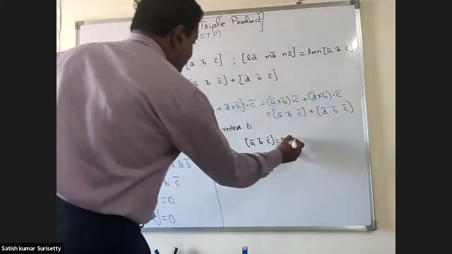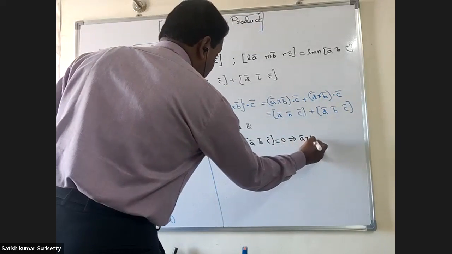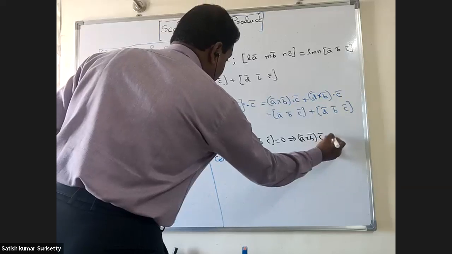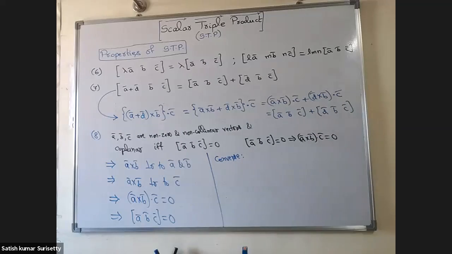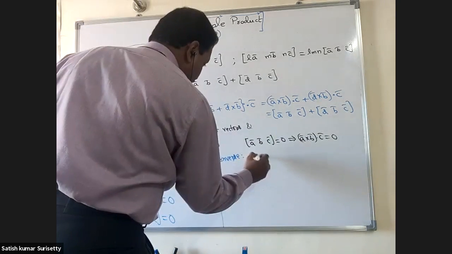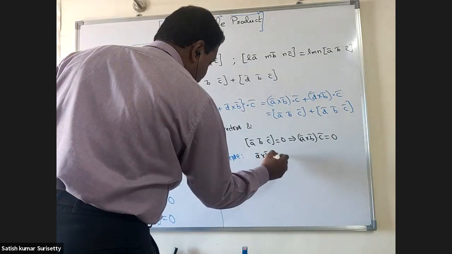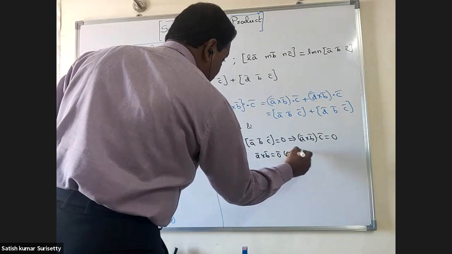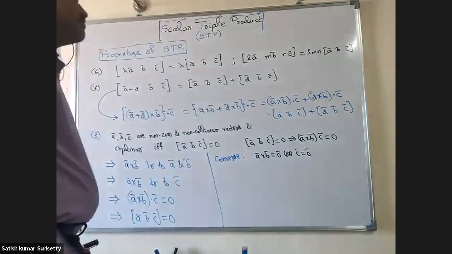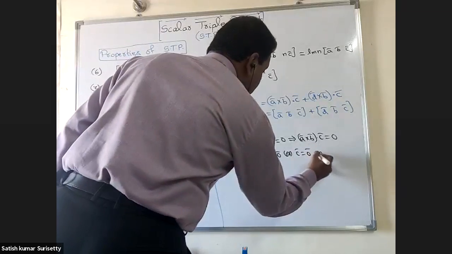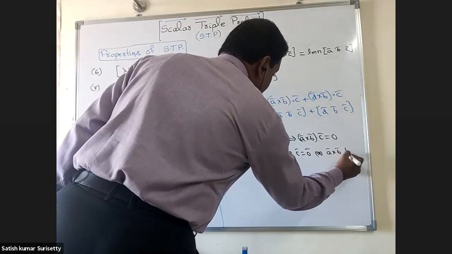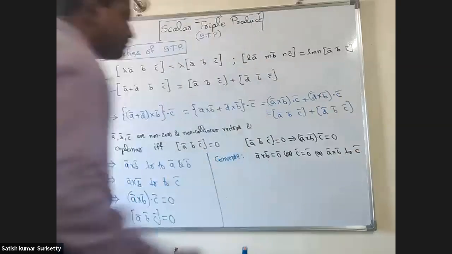That is A bar cross B bar dot C bar equal to 0. Once the dot product of two vectors is 0, it implies either A bar cross B bar is 0 bar or C bar is 0 bar, or A bar cross B bar is perpendicular to C bar.